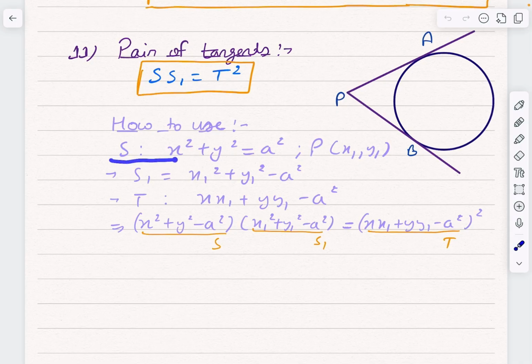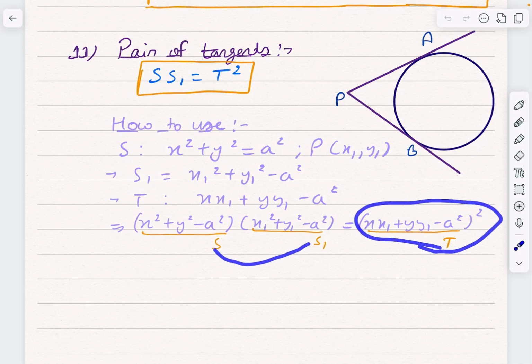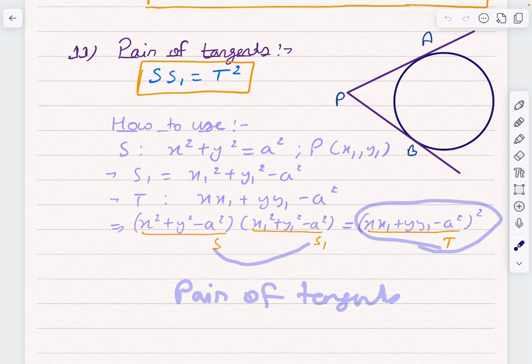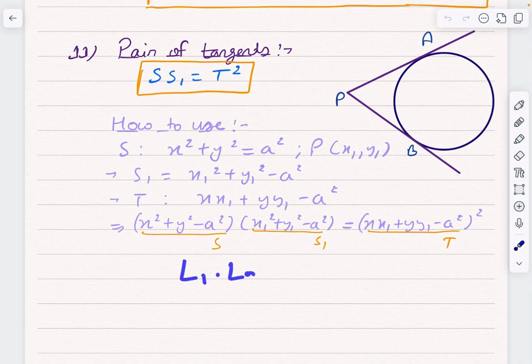So S is a curve, say x square plus y square equal to a square, a circle, and point P is (x1, y1). So S1 is the power of the point, and T is the T equal to 0 expression. Now multiply S and S1 and equate to T square. What we get is the pair of tangents. Upon simplification, you get L1 into L2 equal to 0. The lines will be multiplied.